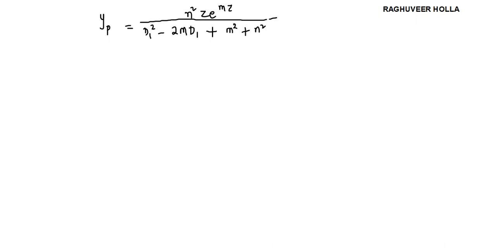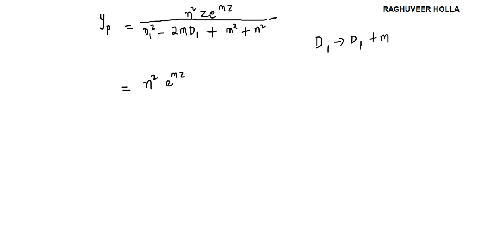Now let us substitute d1 as d1 plus m. I have noticed that we have to take a as m, that's what we are substituting. So let us take the constants outside. So constant is n square, and when we substitute d1 as d1 plus m, we have to take e to the power of mz outside.